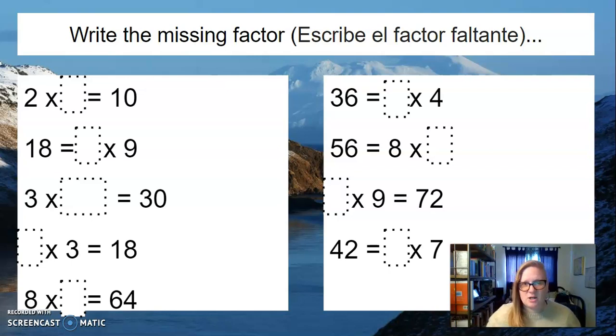So go ahead and get started on this because this is going to warm you up, and this will make the rest of the lesson a little bit easier if you're thinking about multiplication. Okay, so go ahead and do the slide and then come back in 5, 4, 3, 2, and 1.